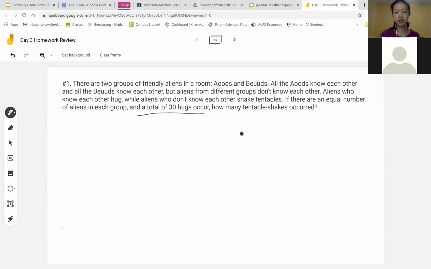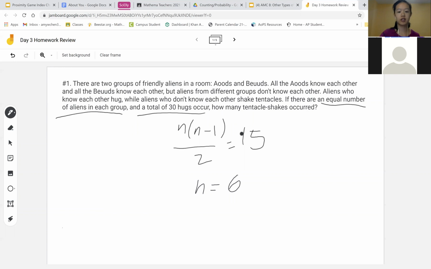Since there's an equal number of aliens in each group, that means in each group there must have been 15 hugs. So we can use our formula n times n minus 1 over 2 equals 15. And for this, as Anand found, n would equal 6. So what this means is that there are 6 aliens in each alien group.